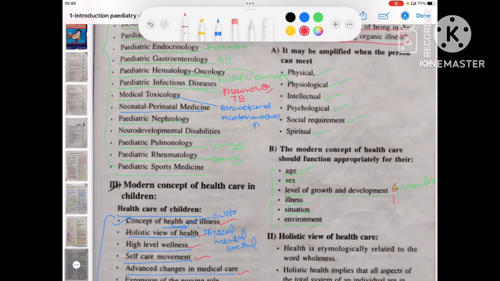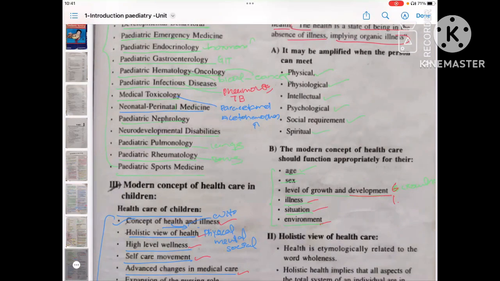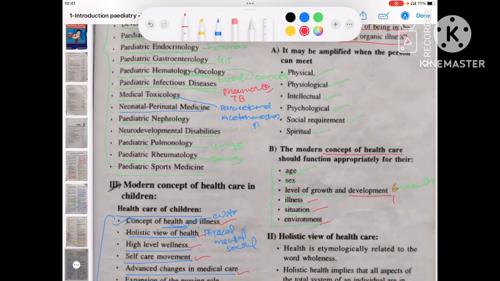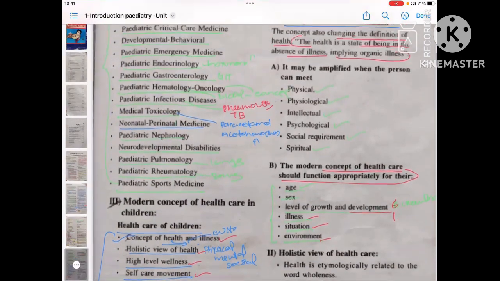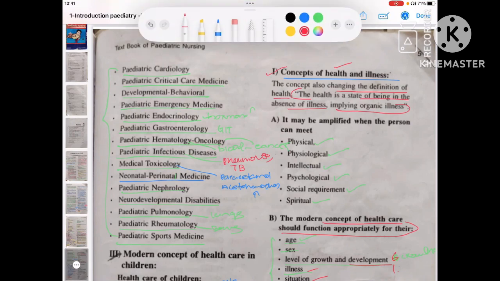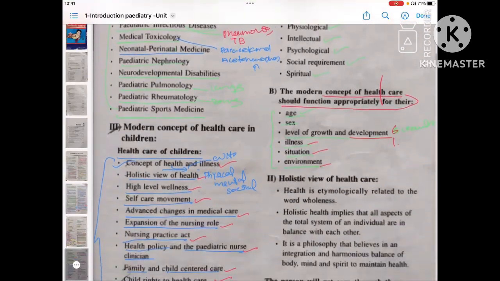So all this is developmental growth, and they have to show it in the illness situation and environment. So these are the modern concept of healthcare: should function appropriately for their age, sex, and level of growth or development.